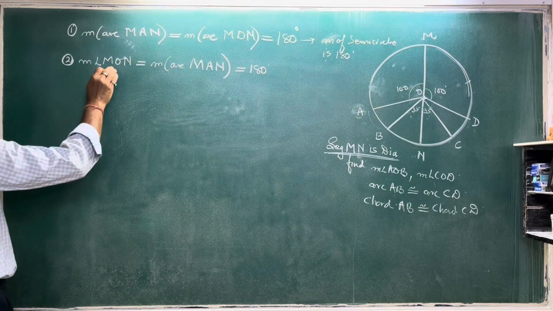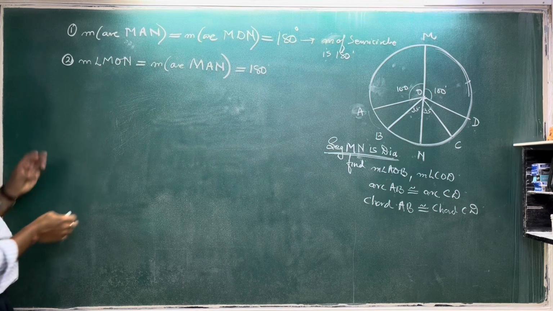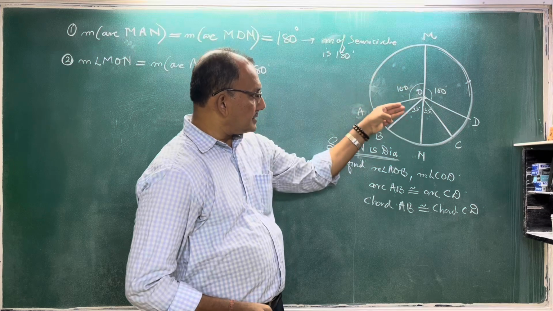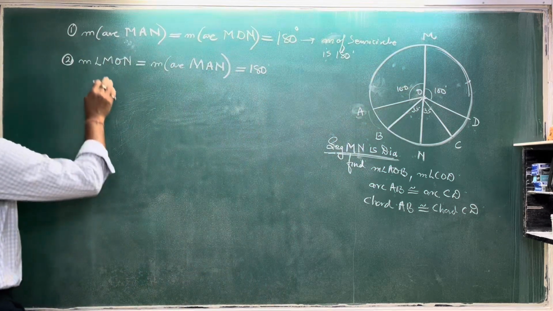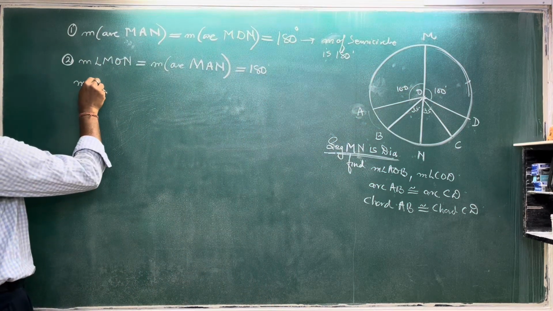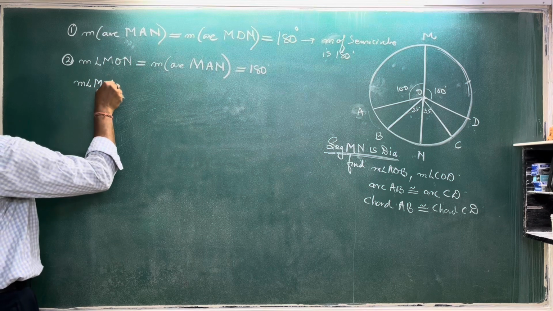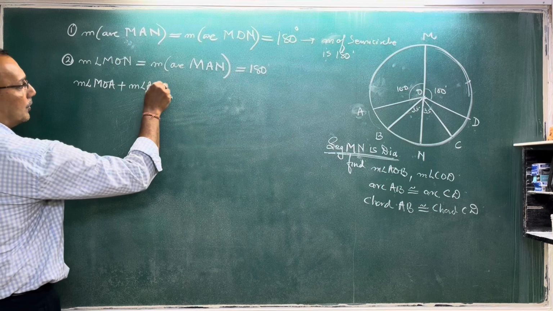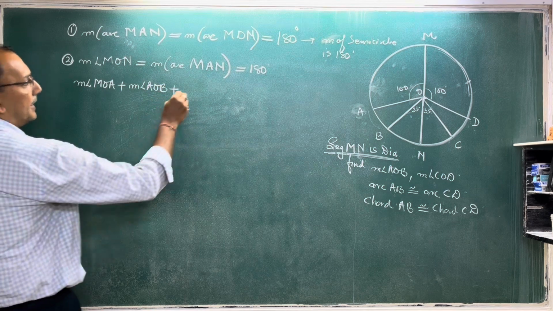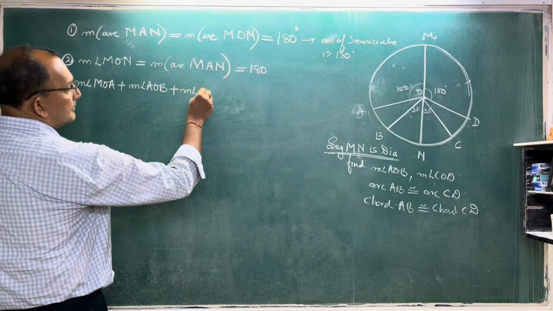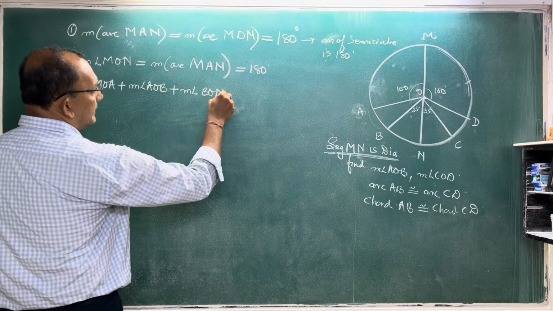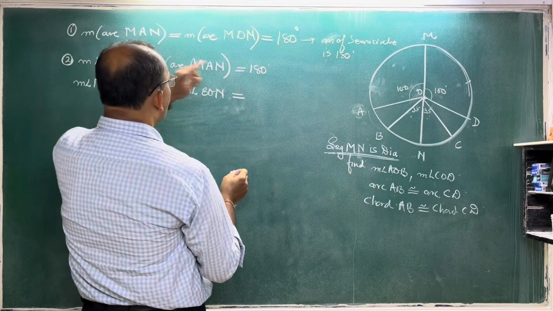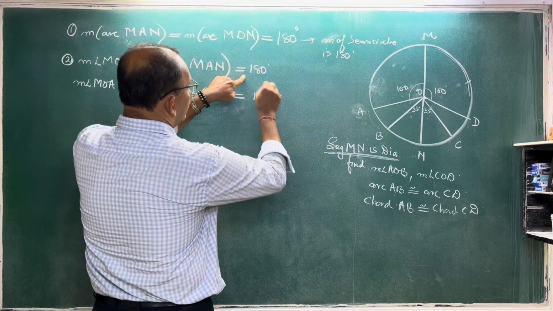Now, this angle MON is made up of three angles. Can you see this? So this is measure of angle MOA plus measure of angle AOB plus measure of angle BON, and that is equal to arc MAN, that value is equal to 180 degrees.